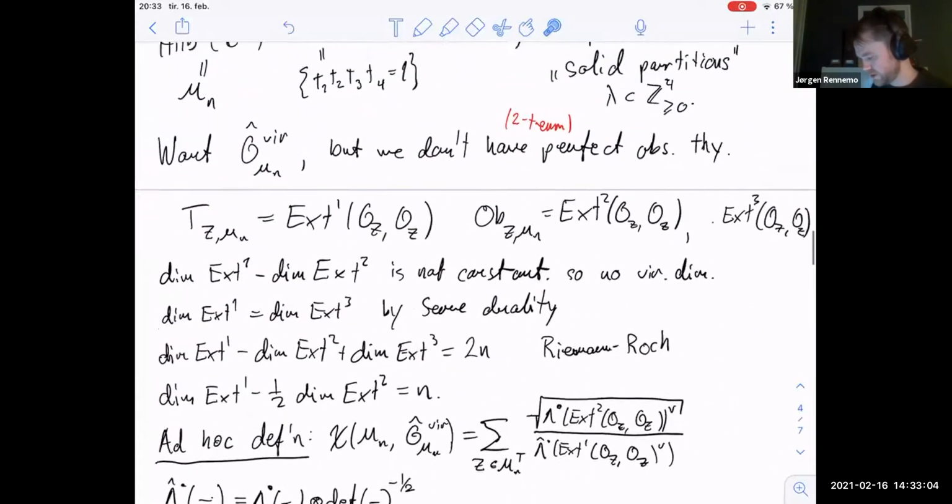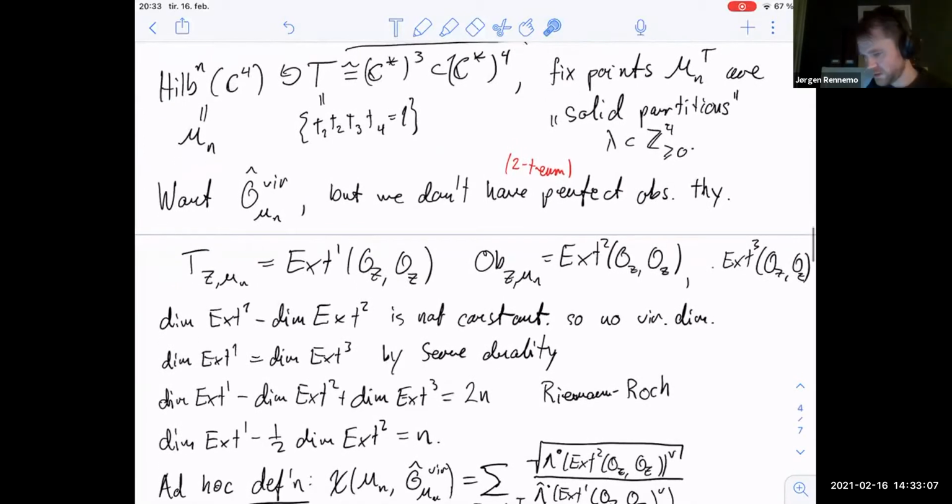So I took this three-dimensional subtorus, and what that means is that C4 is a Calabi-Yau variety, meaning there's an actual globally defined volume form, and I want T to preserve that volume form.